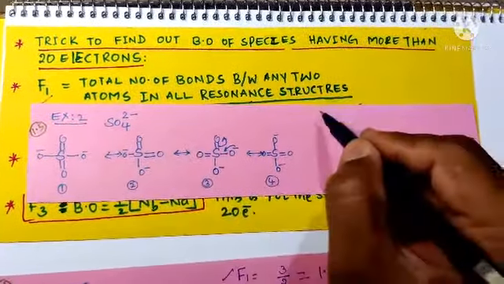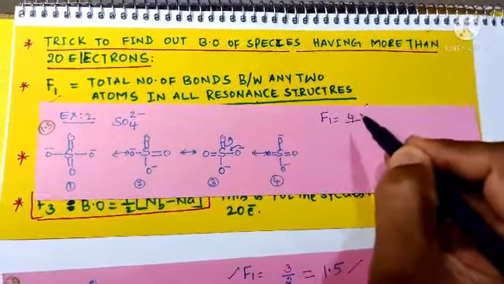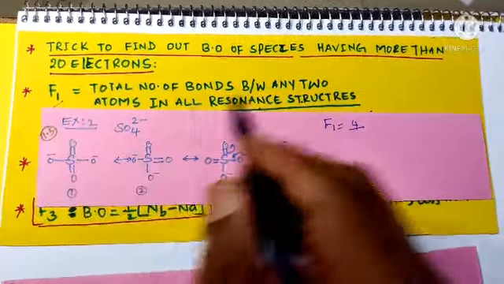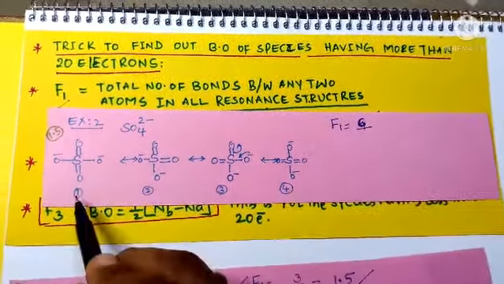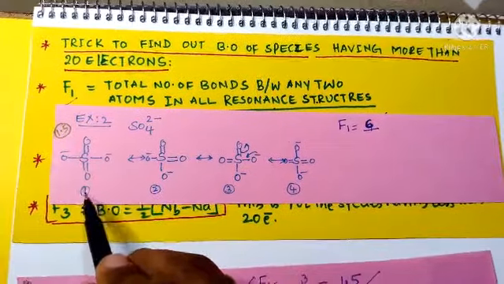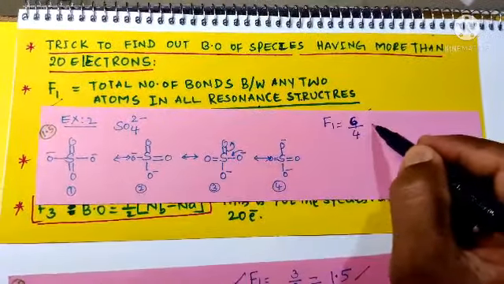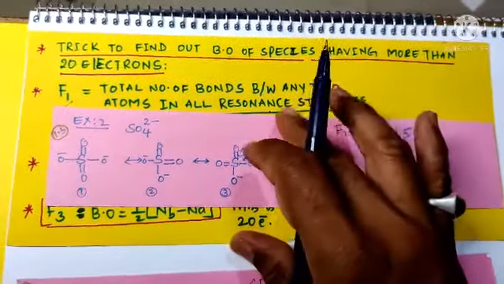According to formula 1, total number of bonds, sorry, 1, 2, 3, 4, 5, 6 are there. Now how many resonating structures are there? Identify, students: 1, 2, 3, 4. Now divided by 4, so its answer is 1.5 according to formula 1.